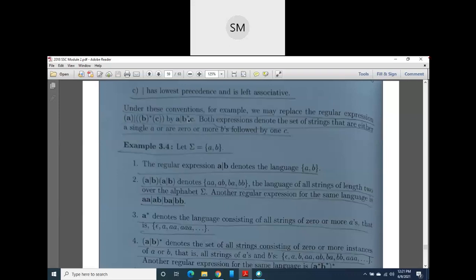Because I am giving first priority to star. So first I will evaluate this B star C, then whatever string comes here will be unioned with A. Are you understanding how we can remove the unnecessary parentheses?